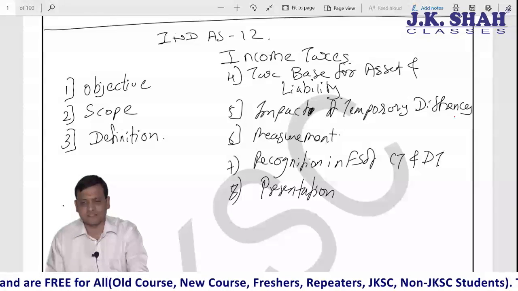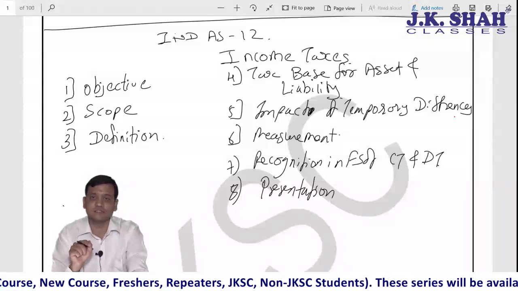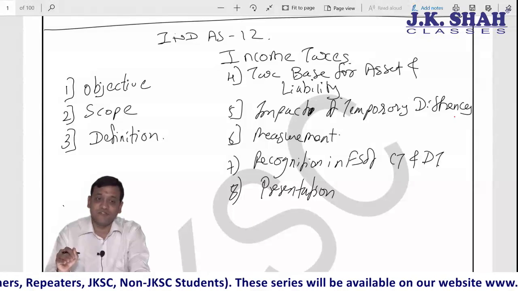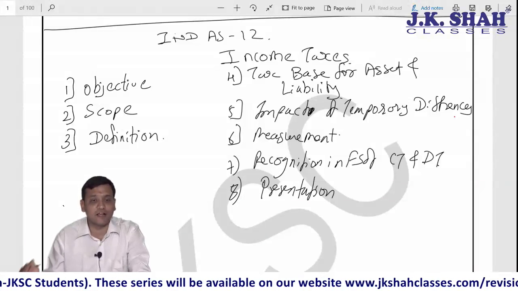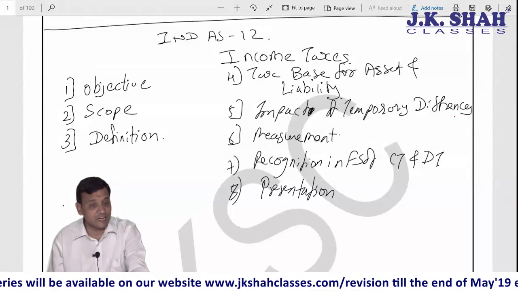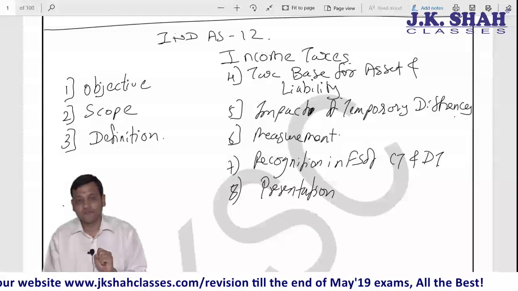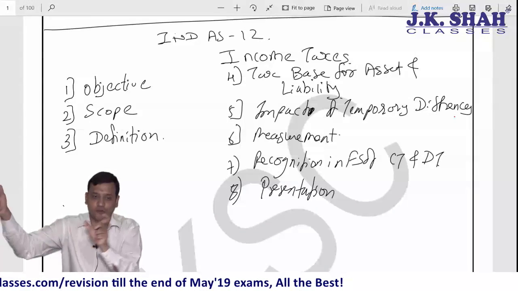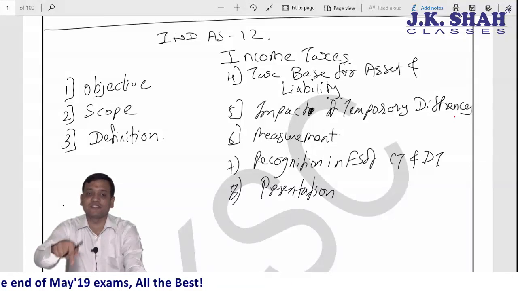There is always a chance, because the tax authorities will tax us based on the Income Tax Act, whereas we find out profit and loss as per generally accepted accounting principles, the Indian GAAP. We apply our accounting standards and find out the profit or loss. So the profit or loss calculated by us and the profit or loss calculated by the income tax authority is of course different. This difference obviously affects the tax payable in this year.